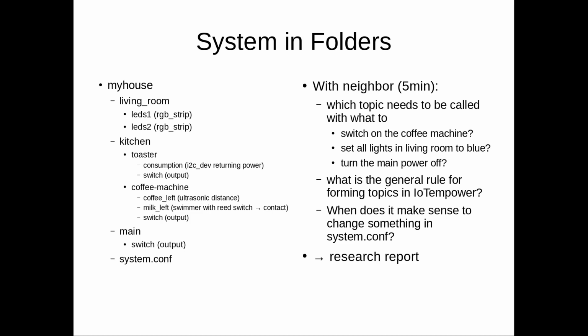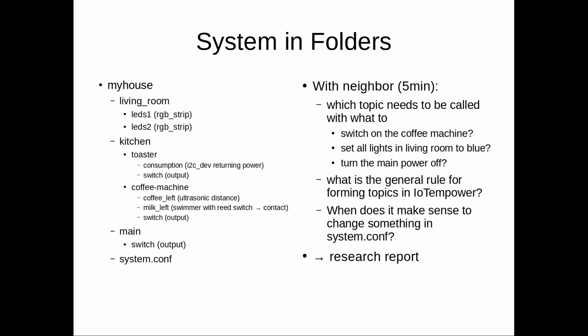So we walk through the path to the device, and each folder we pass is one part of the topic, and to the next part we put a slash. Then we also walk through the devices, look what subtopics the devices have, and append each of these subtopics to the topic.